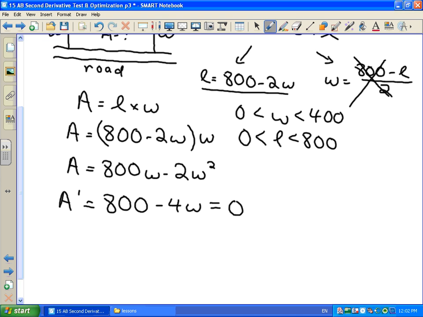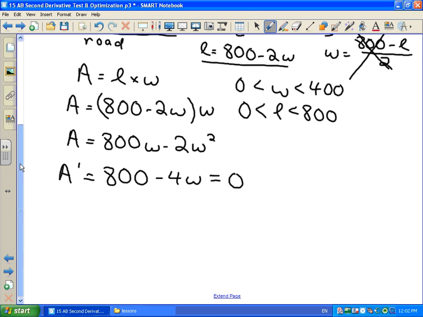Let's set this equal to 0 and solve for W. That's going to give us 800 is 4W, so W equals 200, which is in our domain, so that's good.